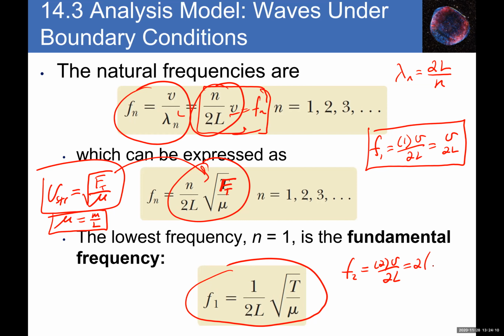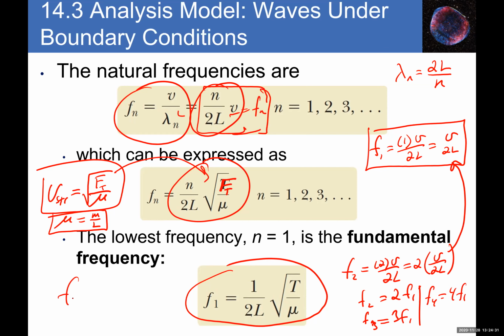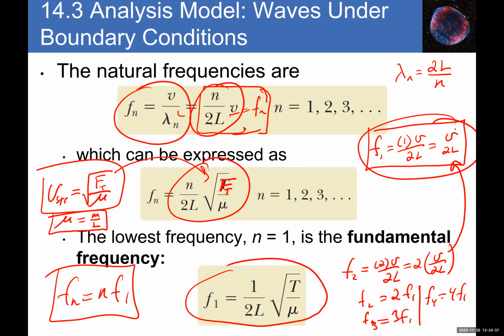But I remember that V over 2L is nothing but my first fundamental frequency, so F of 2 is equal to 2 times F of 1. In the same way, F of 3 is equal to 3 times F of 1, and F of 4 is equal to 4 times F of 1. In a way, this means that F of N is equal to N times F1. You can also write that F1 is equal to the velocity divided by 2L.